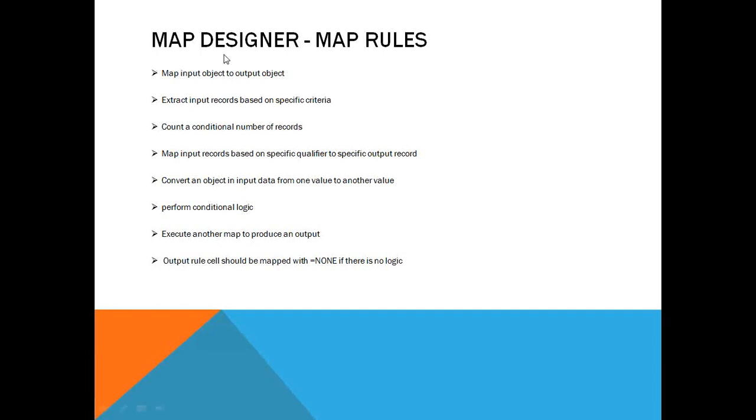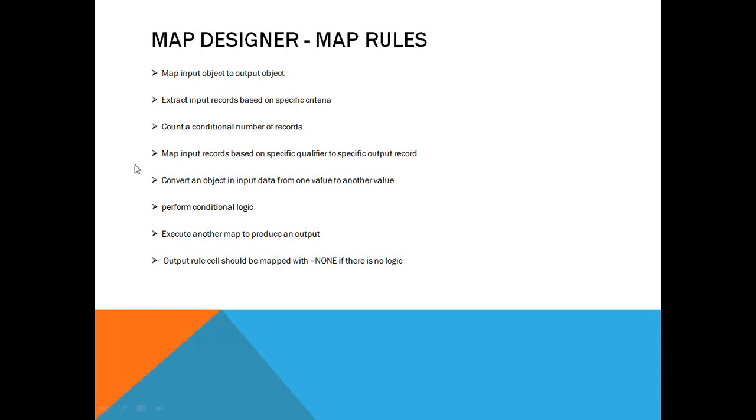So simply, the mapping rule can be either a simple input data object to output data object, or we can extract the record based on some criteria, or we can count the records. We can look up only one from the input loops, or look up based on the qualifiers, or look up the entire loop or record.